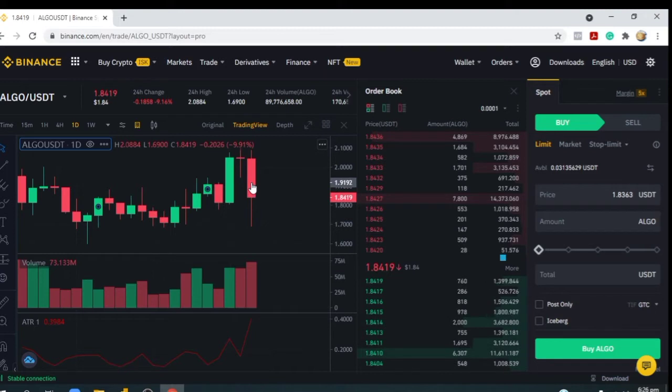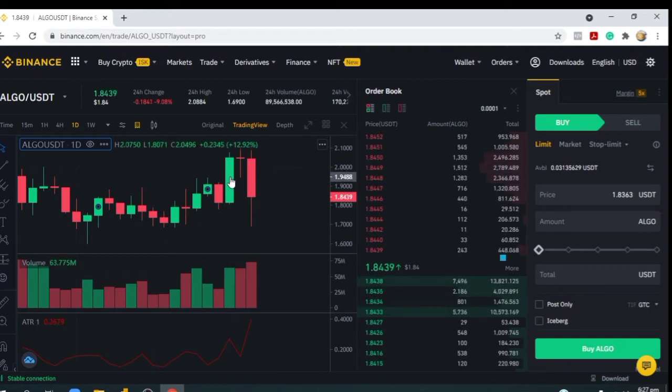A red candlestick signifies a period where the price closed lower than it opened. That means in this red candlestick, the open price is here. The market opened at this particular price, which is $2, and then the market closed around this point, $1.8. So the market closed lower than it opened, and that is why this candlestick is red.